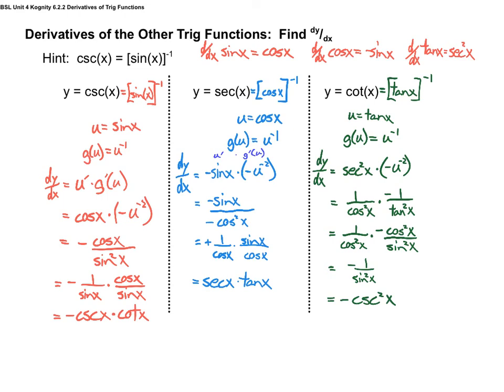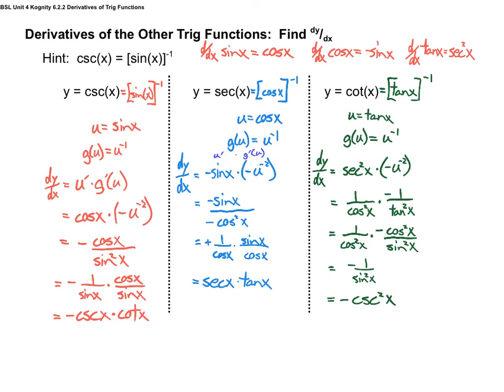Now this one is a little bit different because the derivative of tangent is secant squared. We've got the negative 1 over u squared, so that's a negative 1 over tangent squared. And secant squared is a 1 over cosine squared. Well, 1 over cosine squared times negative 1 over tangent squared.